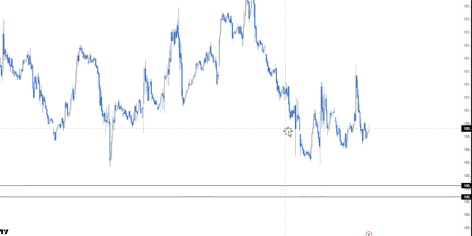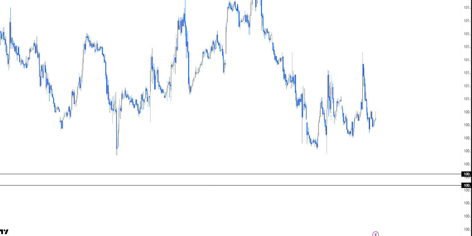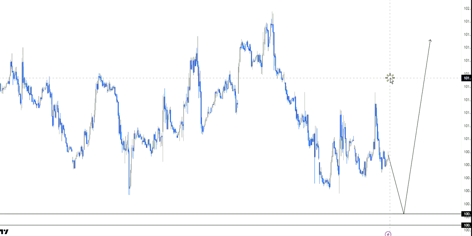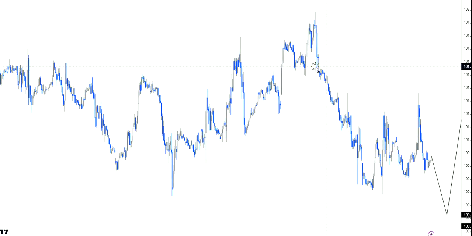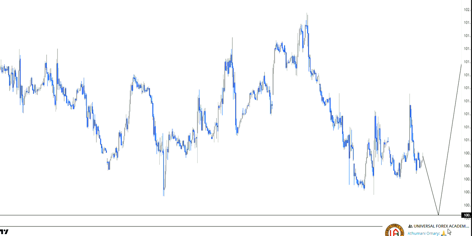Then the market will be moving from this point up to here. Then we will be catching the upward move until here. As you can see, around this area here, we have this liquidity.